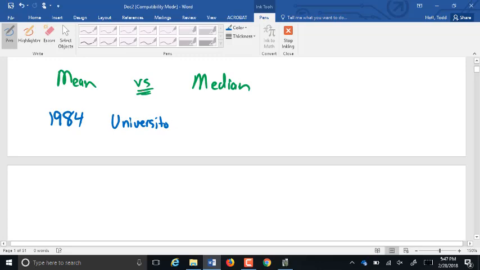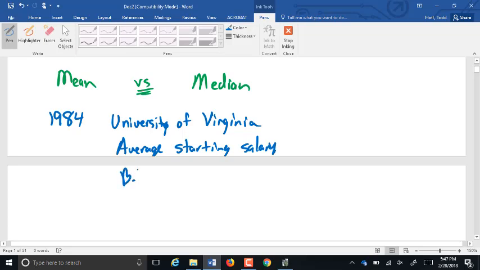The University of Virginia advertised that the average starting salary of a BA marketing graduate was just under $78,000 per year. 1984.